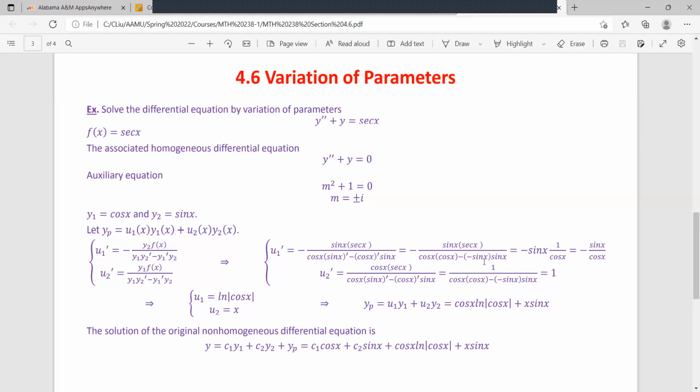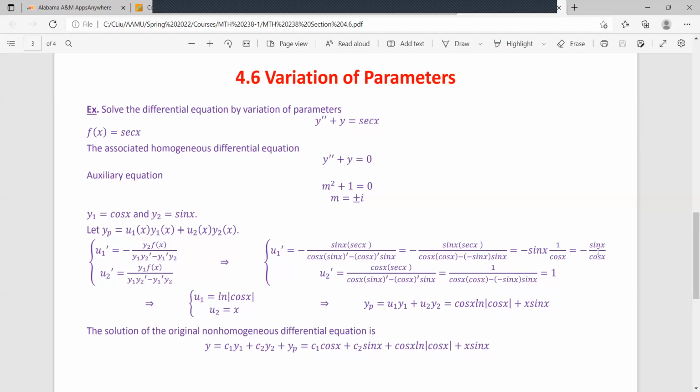So cosine x squared plus sine x squared is just 1. So the whole thing is just negative sine x secant x. But if you still remember the reciprocal relation in trig, secant x is just 1 over cosine x. So we can rewrite the whole thing as negative sine x times 1 over cosine x, or just negative sine x over cosine x. So that's just u1 prime.